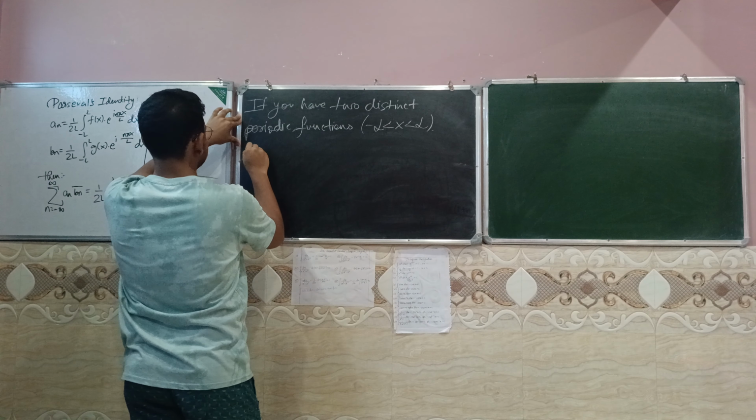So a sub n is 1 over 2 pi times the integral from negative pi to pi, and f of x is e to the i x, and e to the i n pi x over pi. Pi cancels out and we are left with i n x only. So basically it's e to the i n x, and it's dx.